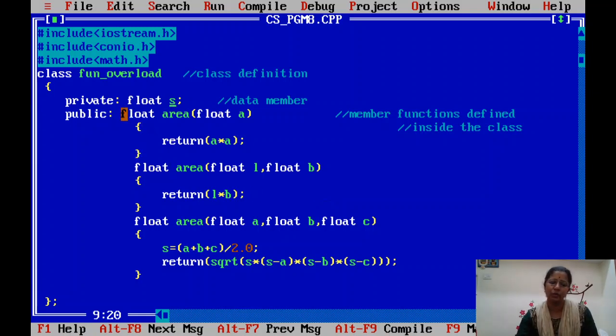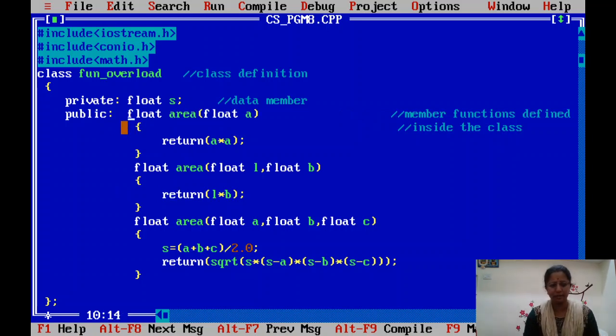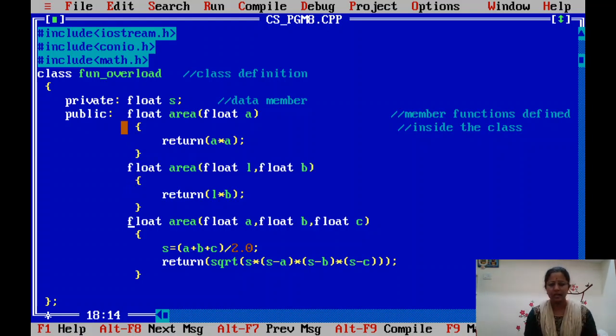And function overloading means your functions should contain the same name, right? Yes. See here, all three functions contain the same name. What are those functions? One for square, one for rectangle, and one for triangle.